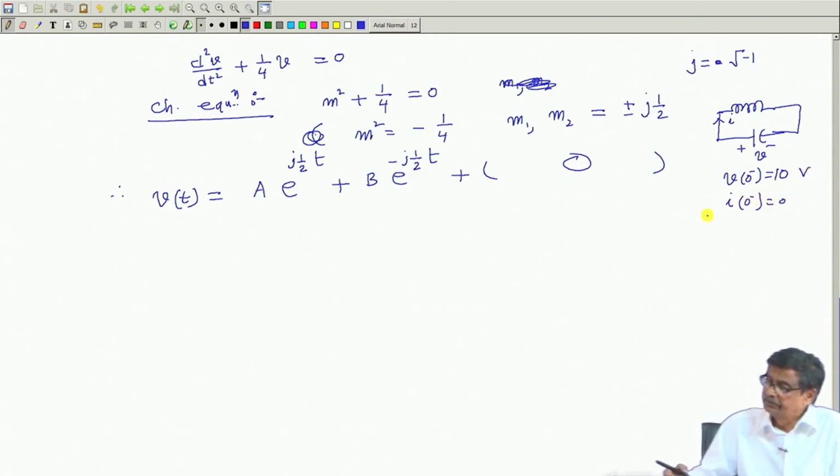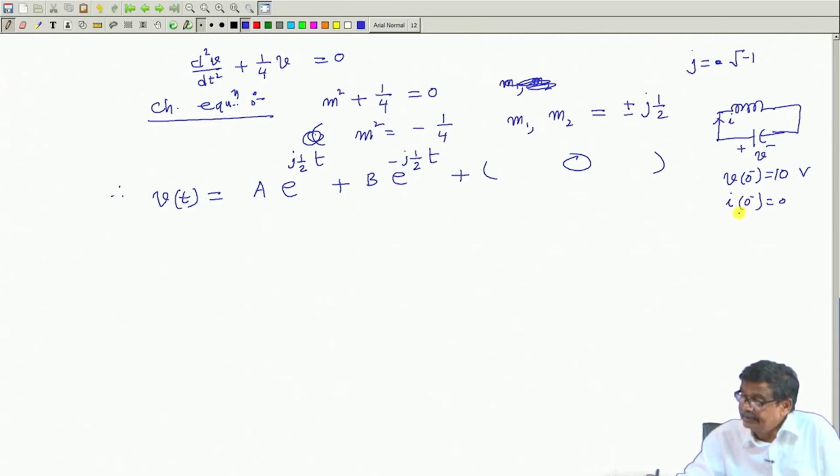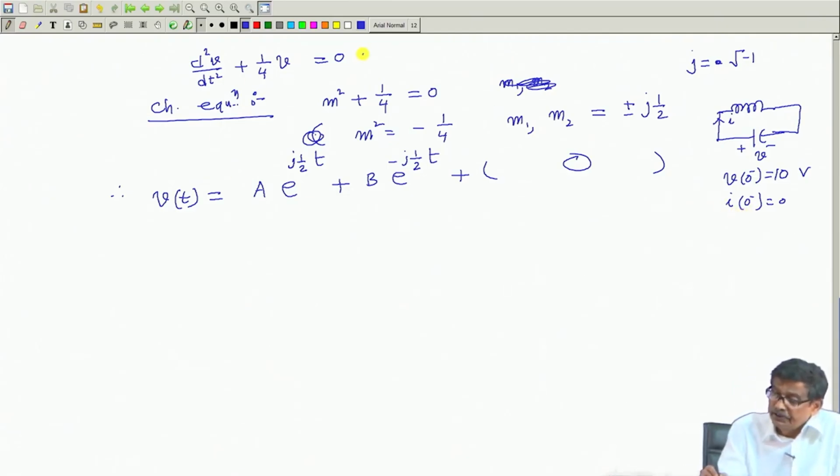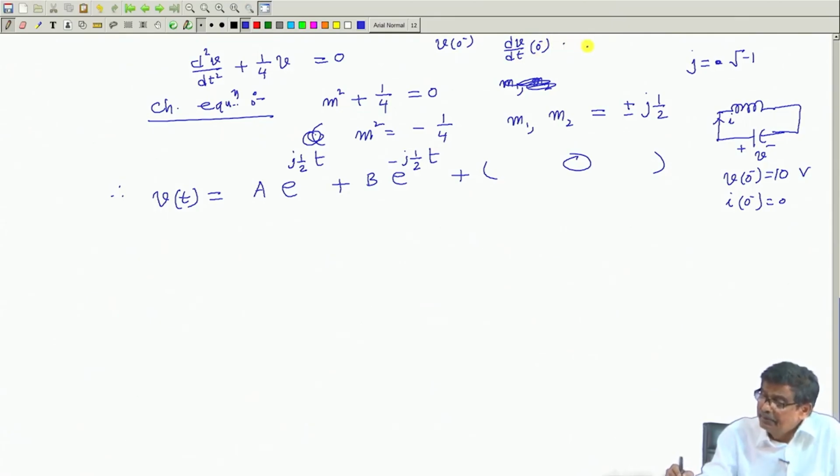Do not forget to write down the units, 10 volt and 0 ampere. This was the situation. But you see, it is a second order differential equation. How many boundary conditions will I demand? I will demand the value of V(0-), and also the value of dV/dt at 0-. These are nothing but V(0) and dV/dt(0). You have understood this point, hopefully.